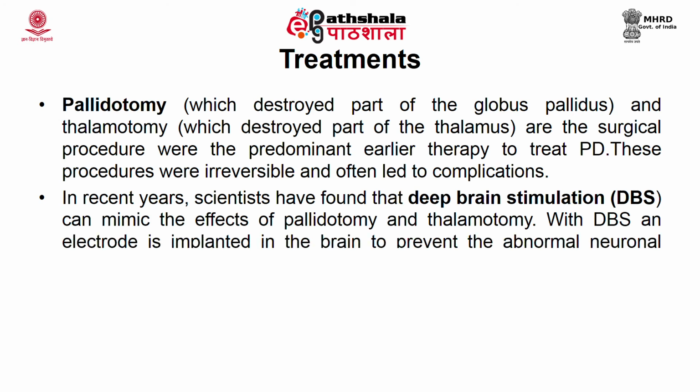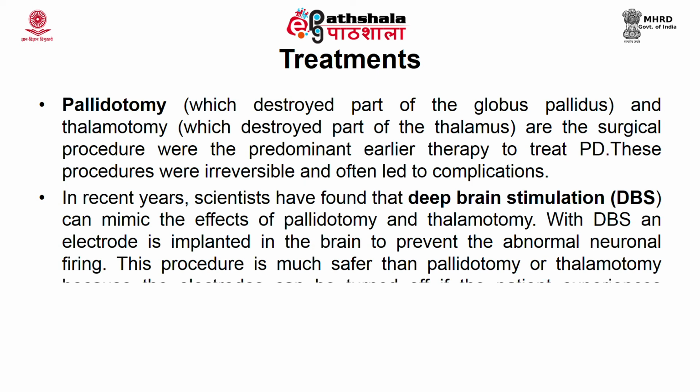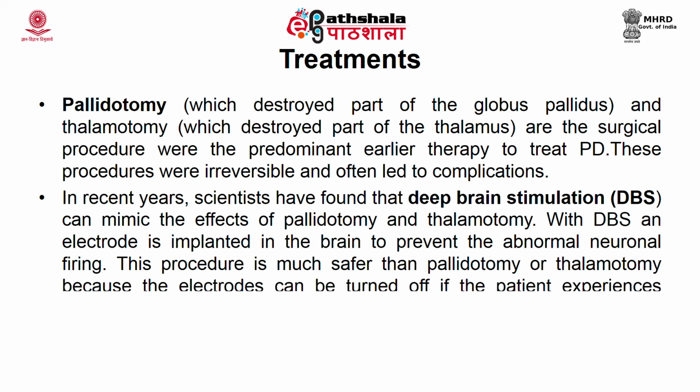With DBS, an electrode is implanted in the brain to prevent abnormal neuronal firing. The procedure is much safer than surgery, and electrodes can be removed if the patient does not agree with it.